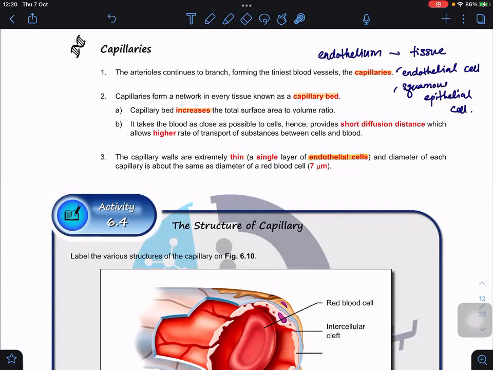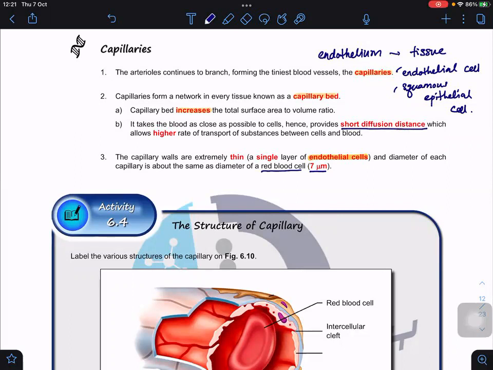But for exchange to take place, the capillary is formed by endothelial cells, which are very, very thin, and the diameter of the capillary is almost the same as the red blood cell. In fact, the red blood cell has to squeeze through the capillary. So why do we need this? The diameter of a red blood cell is roughly 7 micrometres. By doing this, we have a short diffusion distance.